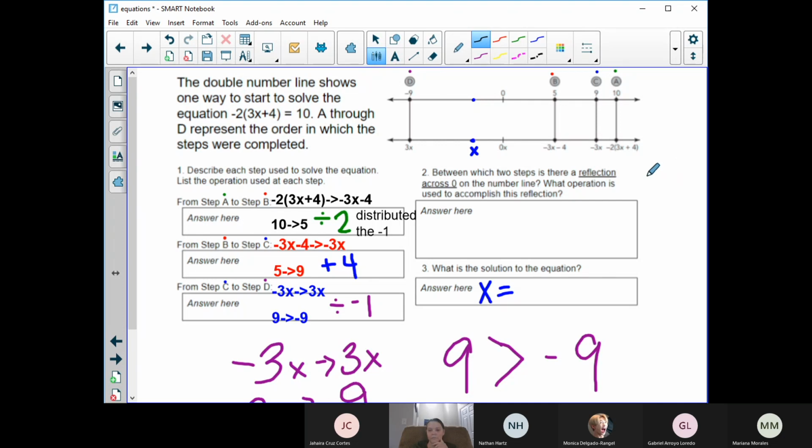Where did we go from positive to negative? Right, from C to D. And if I want to know what operation is used to do this, well, I'm going to go right here. And we know to do that, we divided by -1. Okay, because my answer is already here for me.